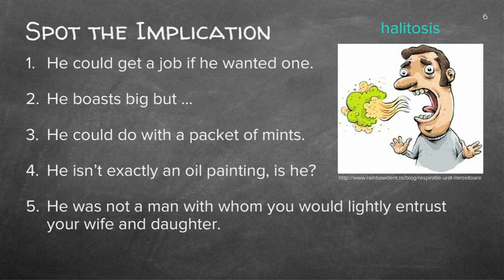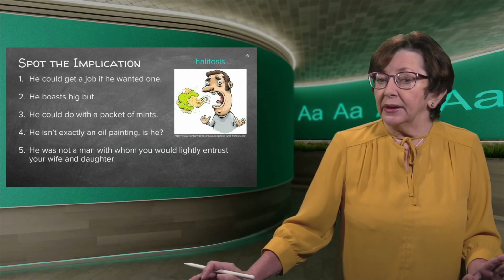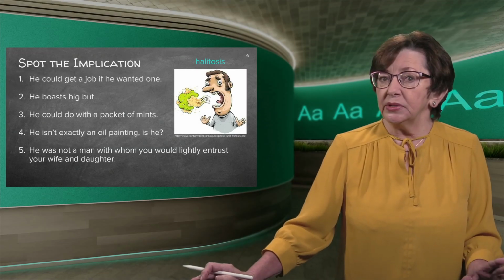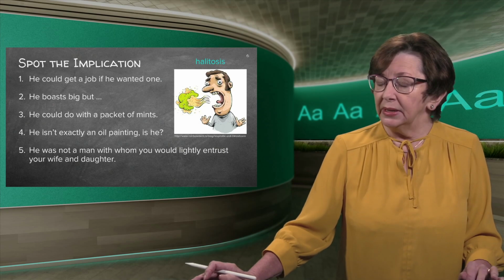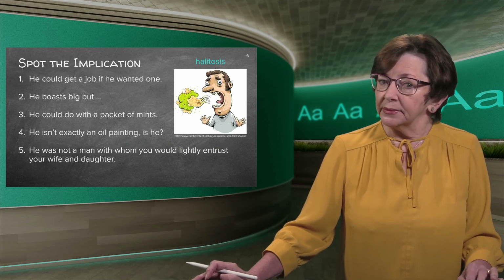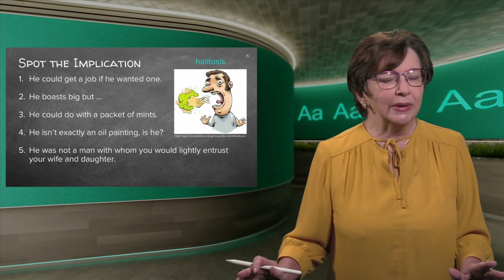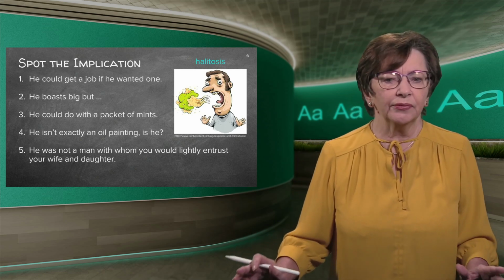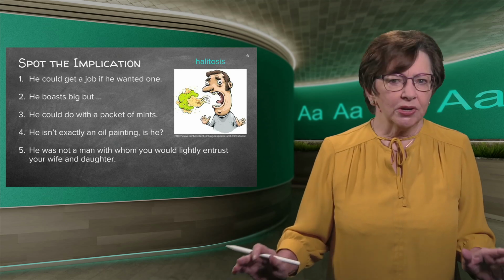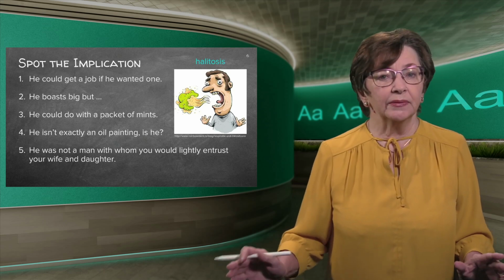And then, he was not a man with whom you would likely entrust your wife and daughter. So if you say that, you are implying that that person perhaps is a womanizer, is perhaps a pedophile, possibly. He is just somebody that's a bit dangerous around women. I would not really trust my wife or my daughter in his company if I'm not there.